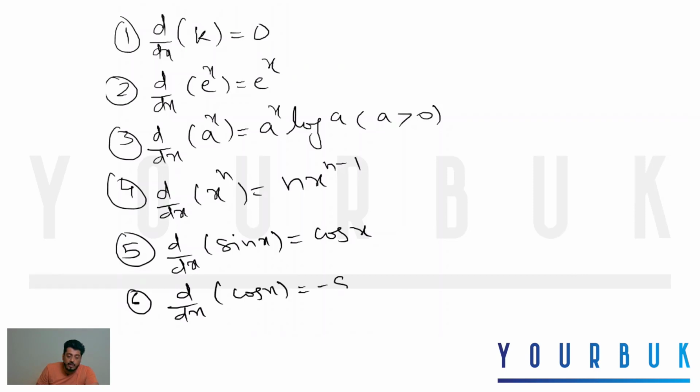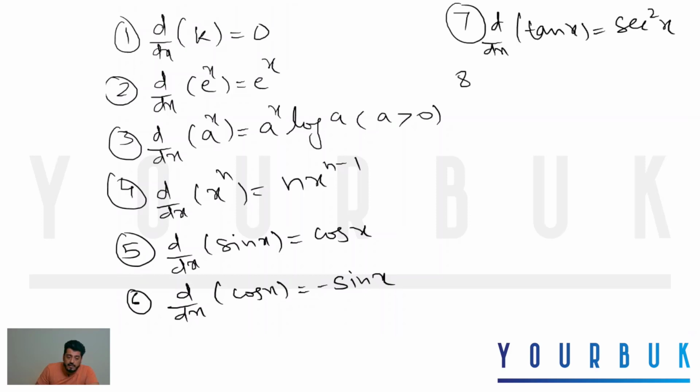I hope you all remember these formulas which we have done in class 11th. You should know the basic formulas which I am just stating. The rest I will show you: the product rule, quotient rule, and how these formulas will be applied. Then we have the derivative of tan x, which is secant square x.